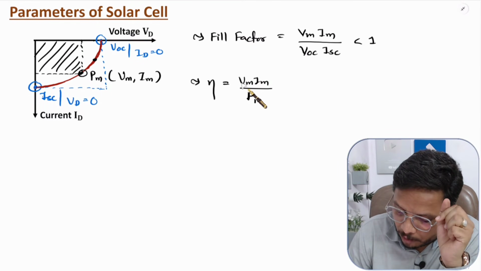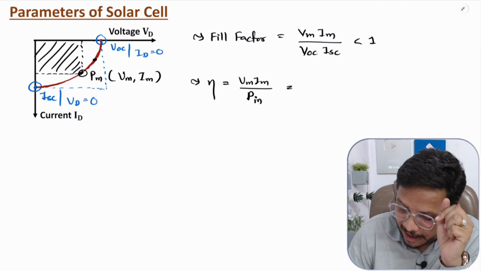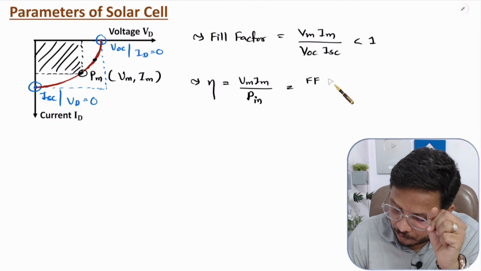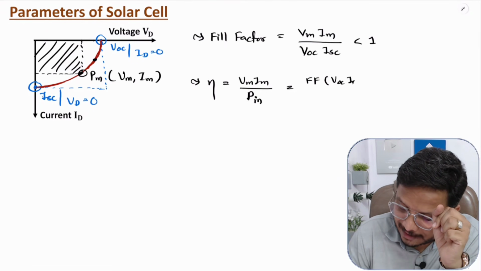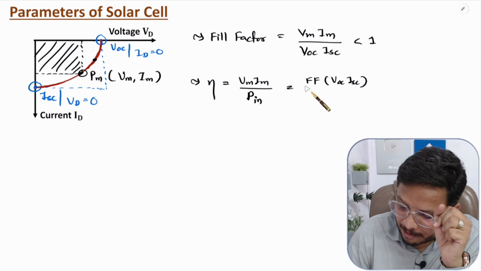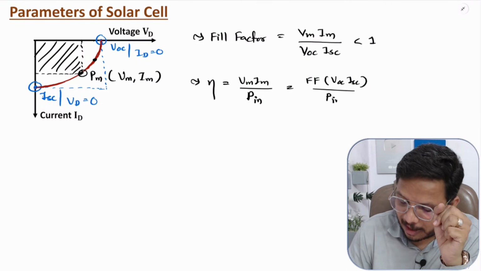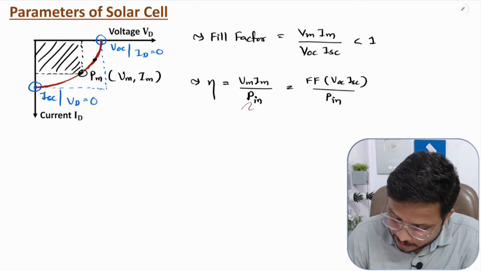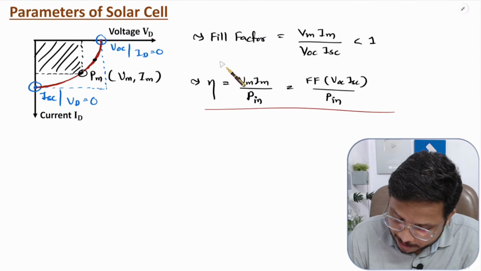Now if you want this in the form of fill factor, then you can substitute VmIm as fill factor into VOC ISC, divided by P in. And we are going to use these formulas, right, for solving problems.